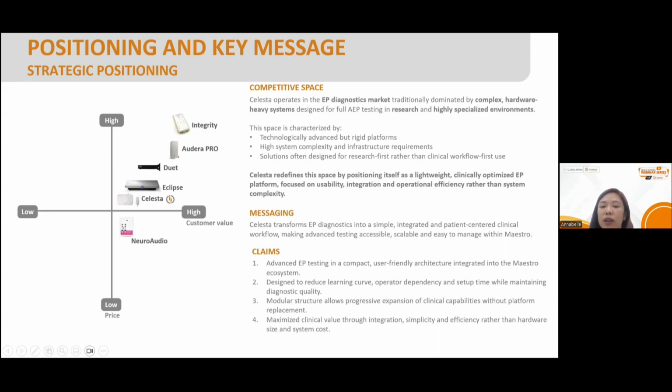It covers the EP, the ABR, the LLR, the MLR, the ECOG, and the CVEM and the OVEM, and the best one, we got the Hear Lab, which I think is unique in the audiology field. So the Celesta always has a higher customer value, but not that very high price.